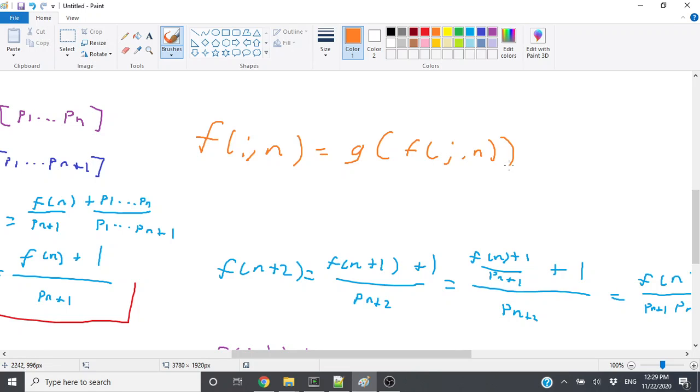I want to represent it as that. That way I can sort of inverse it, kind of.